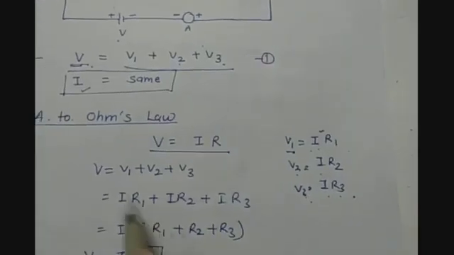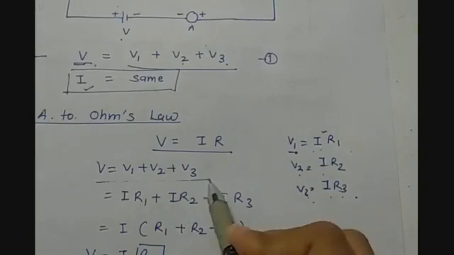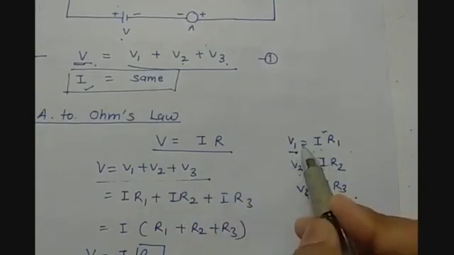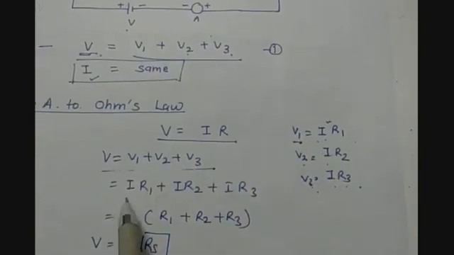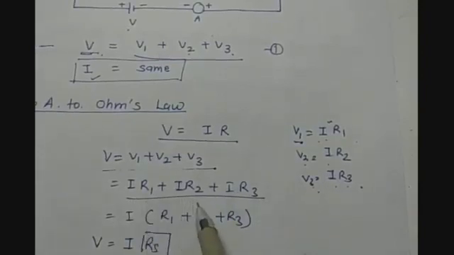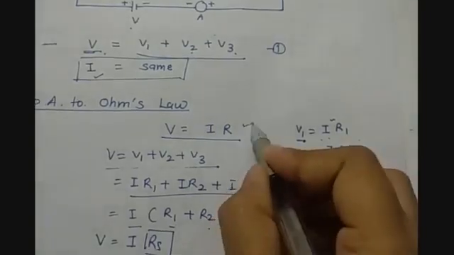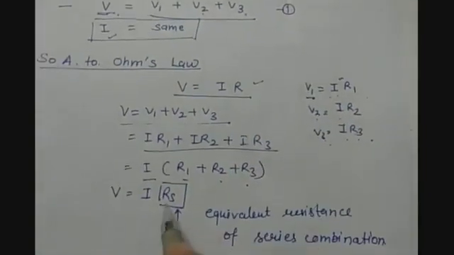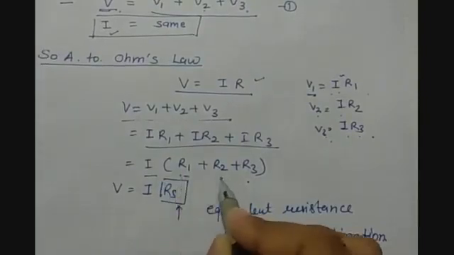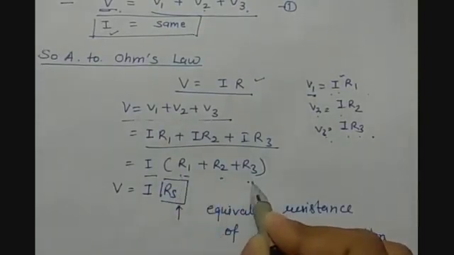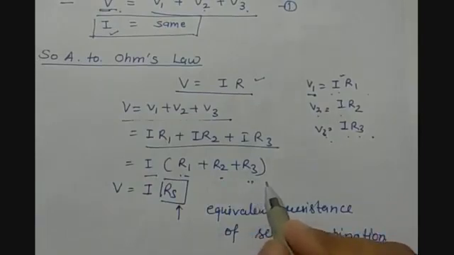By putting the values of V1, V2, V3 in equation number 1, we get IR1 plus IR2 plus IR3. Taking I common, we get I times R1 plus R2 plus R3. When we compare it with the Ohm's law equation, we find that this R1 plus R2 plus R3 is our equivalent resistance or effective resistance of the series combination of resistors.